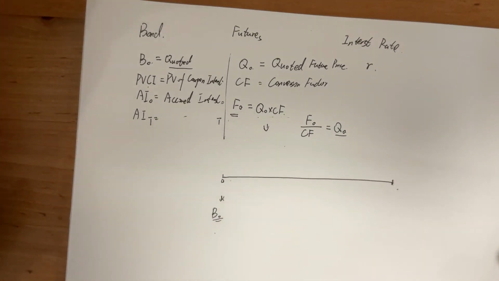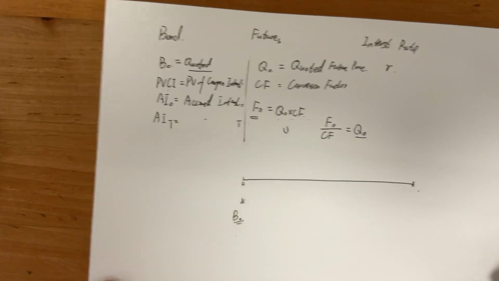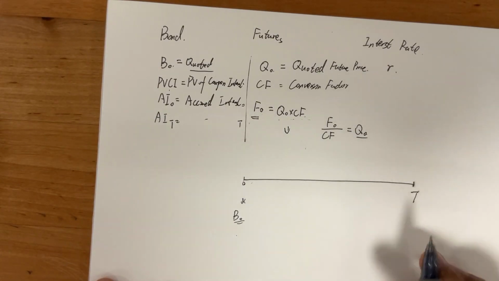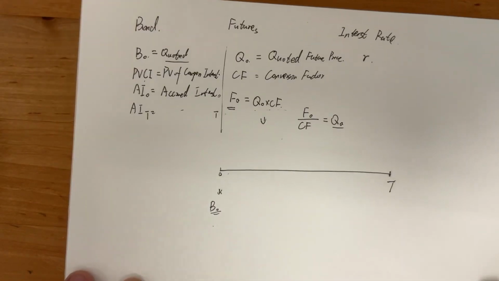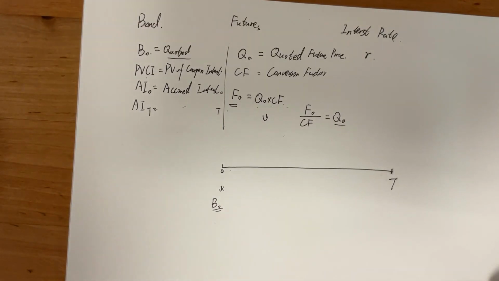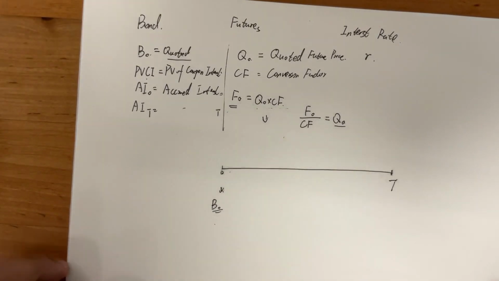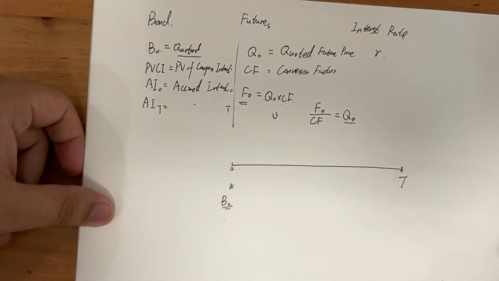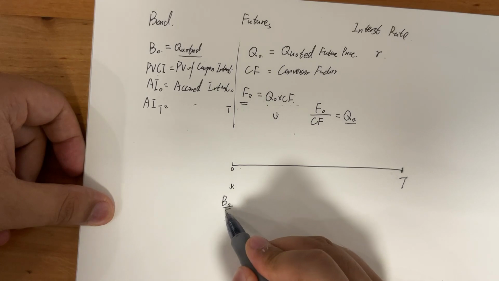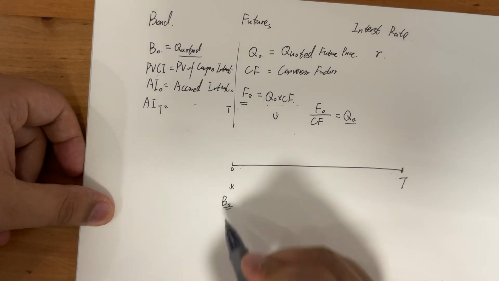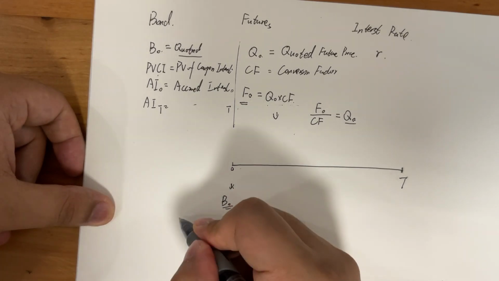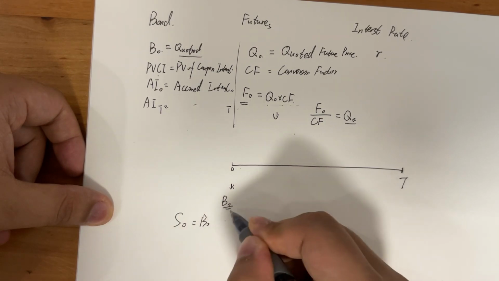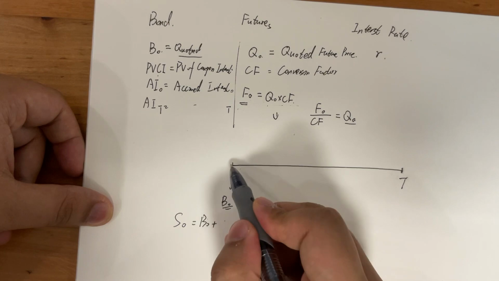Let's continue. At time 0 as well as time t, we're going to do a series of formulas here, and let's gradually make it make sense. First, at time 0, you should have the full spot price S0 equal to B0 plus the accrued interest.